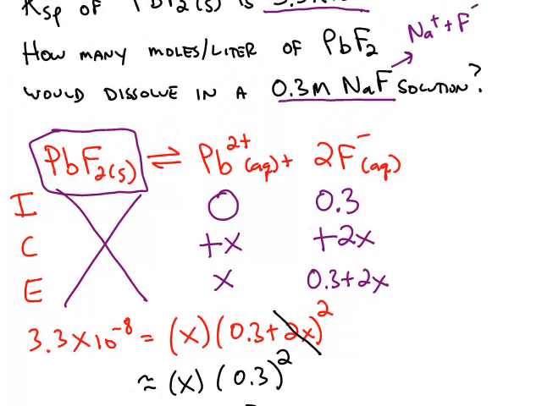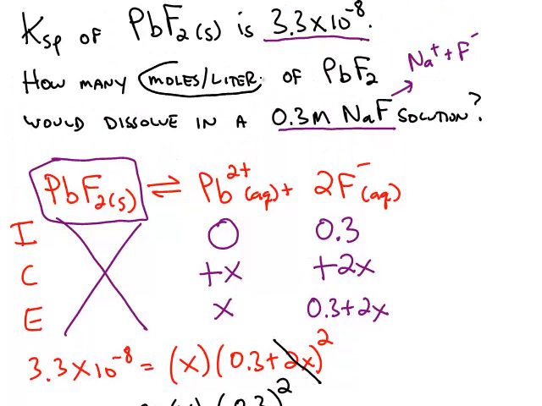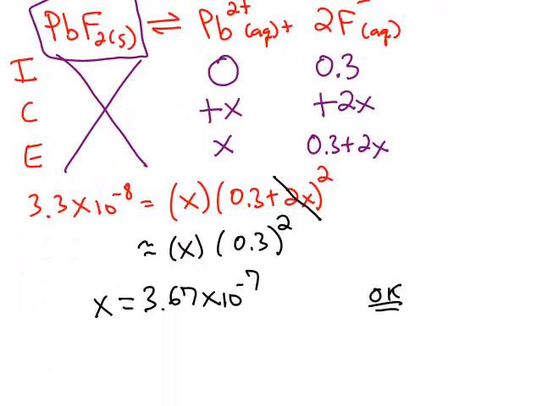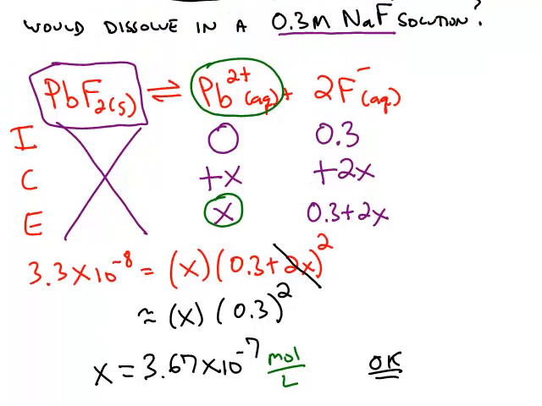Now the original question was how many moles per liter of this solid would dissolve in the water. Our answer for x, remember x came from an ICE chart, and x has units of moles per liter. So this x represents the amount of lead cation that would dissolve in the water.